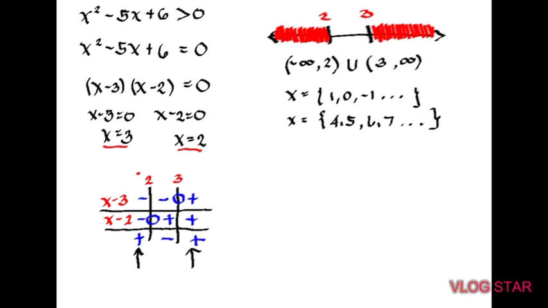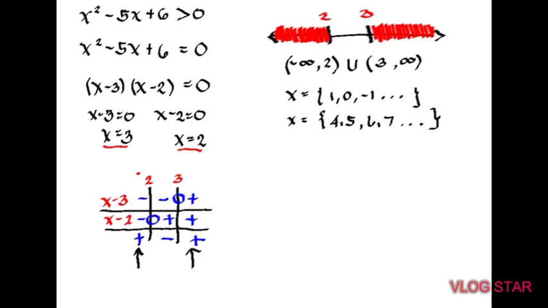So the next integer lower than 2 is 1, followed by 0, -1, -2, -3, and so on and so forth. And the numbers that will represent this notation are integers greater than 3. So we'll start with 4 until the positive infinity.